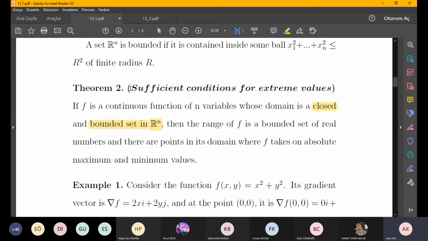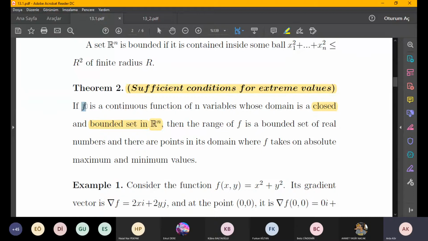If you remember that theorem for single-variable functions, it is the same. It is just the generalization to n dimensions, or functions of n variables.